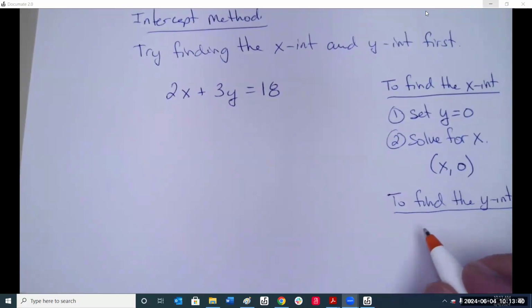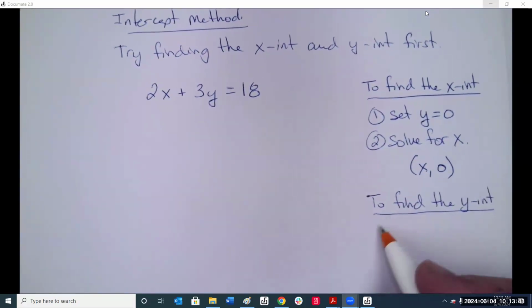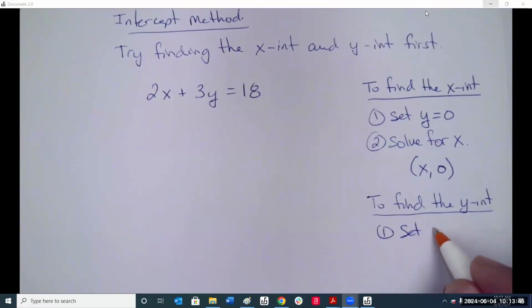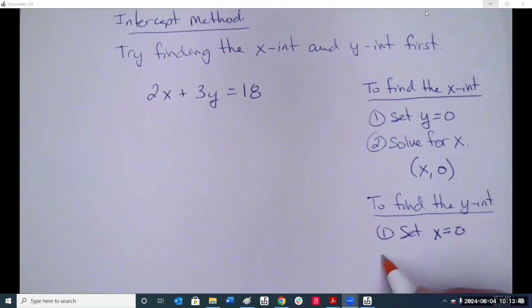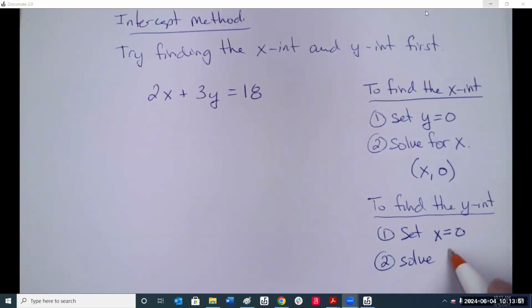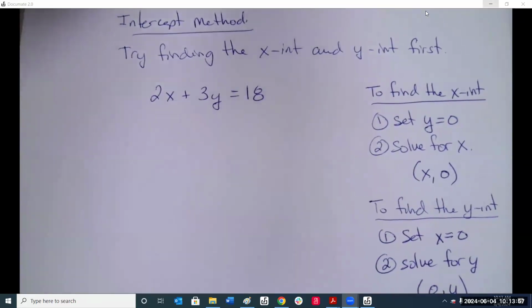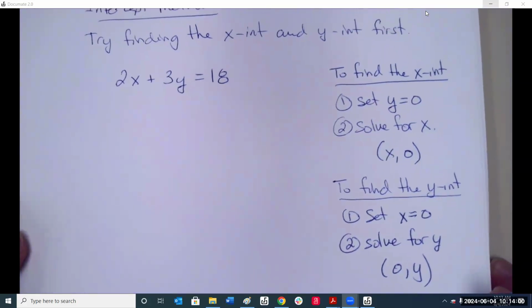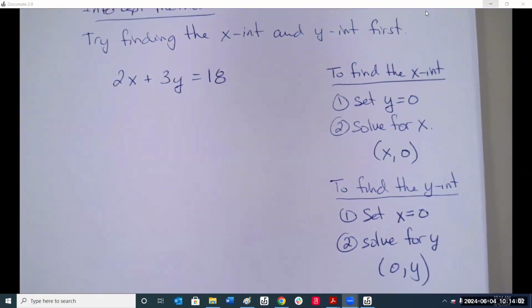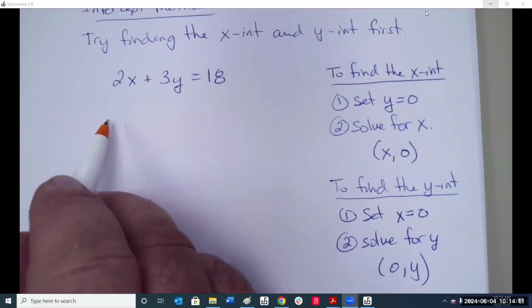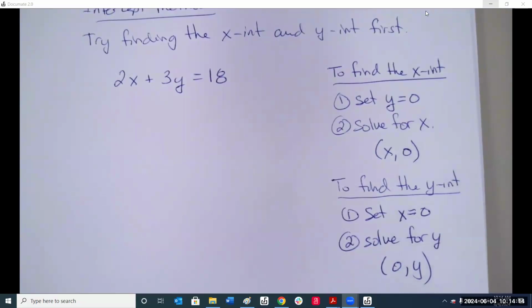To find the y-intercept, set x equal to 0 and solve for y. And that's going to be your y-intercept. This method only really works if you can find these things. So sometimes you may find the x-intercept but not the y-intercept, or vice versa.